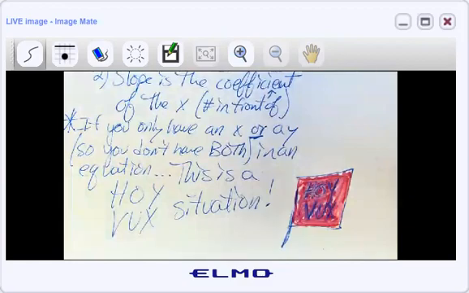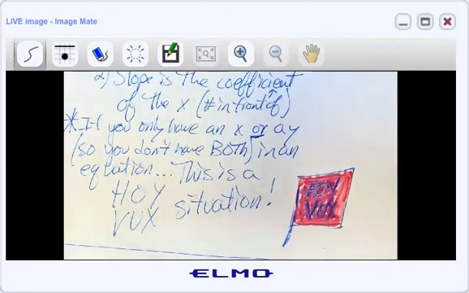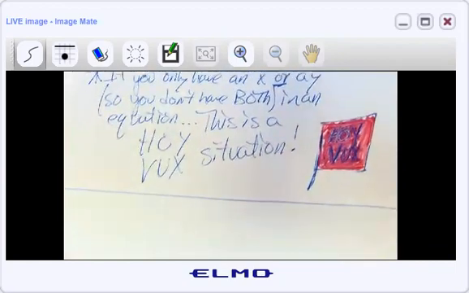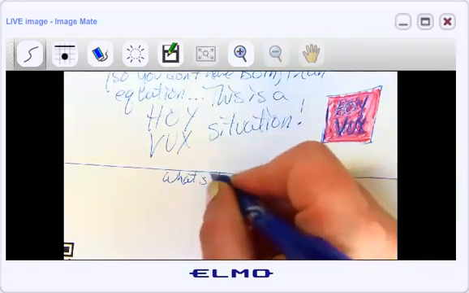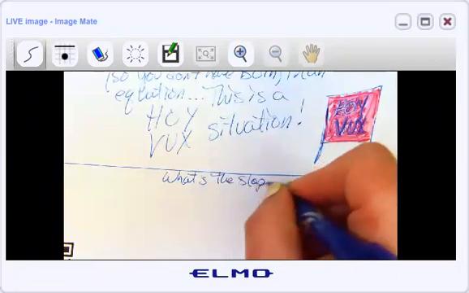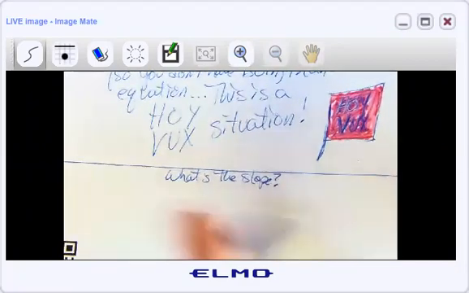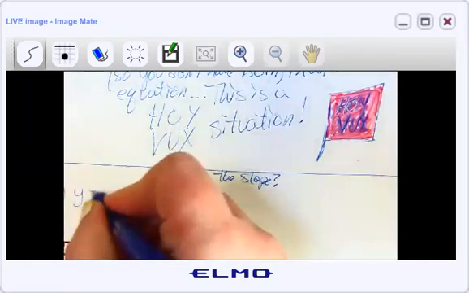Anyway, where am I? Oh yeah, I'm going to ask you about a whole bunch. So we're going to start off easy. I'm going to ask you to find the slope of just some nice easy ones. What's the slope? Okay, we'll start off real easy.